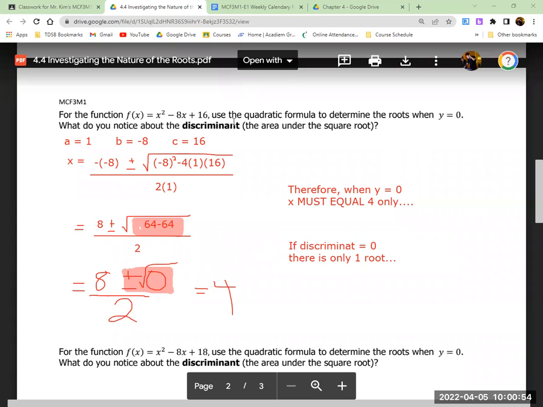Discrimination in society is a negative term, but the root discriminate is more like categorize, to compartmentalize, to group. In the same way, the discriminant is called that because that portion will categorize your answer as having 2 answers, 1 answer, or even 0 answers.